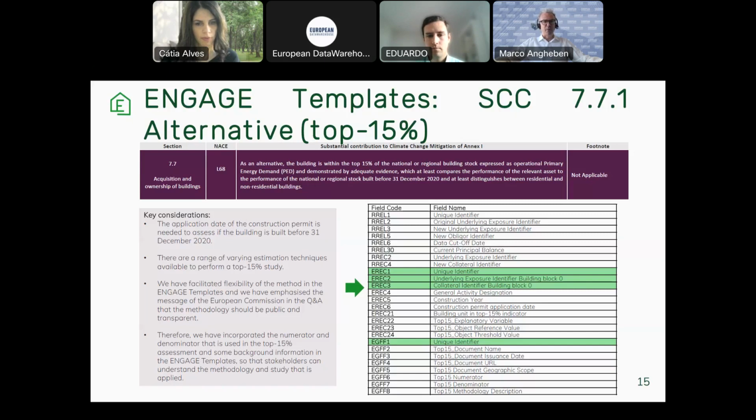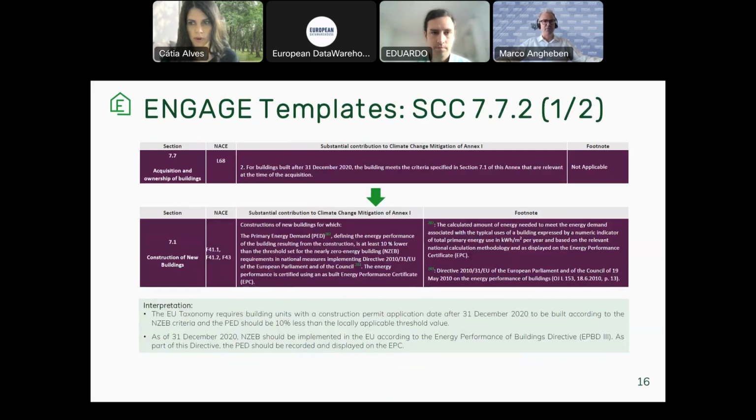And we have very much referred to the questions and answers for the methodology that should be public and transparent. In a sense, what we have done here, we have incorporated both the numerator and the denominator that is used for the top 15% assessment, and some background, etc. Again, marked in green, those are the new 4 fields that have been added in the version 1.1 of the Engage template itself.